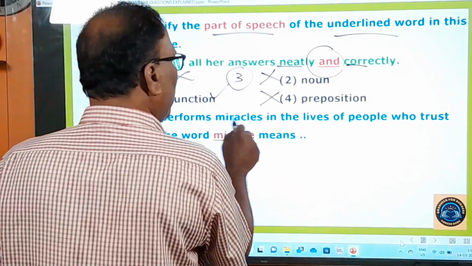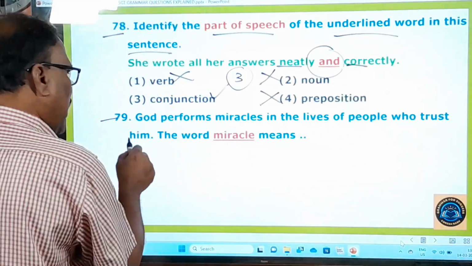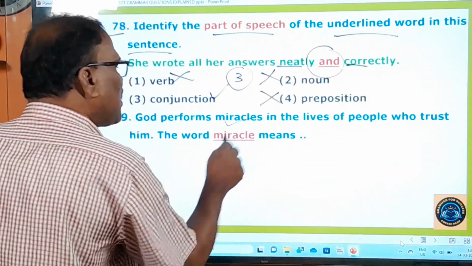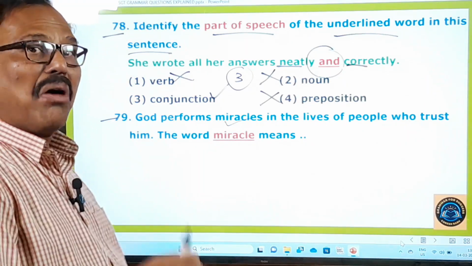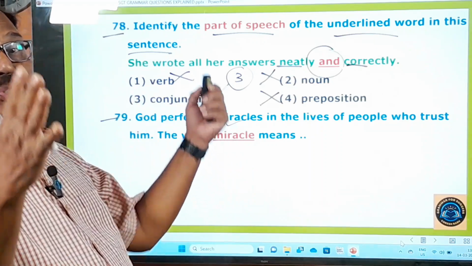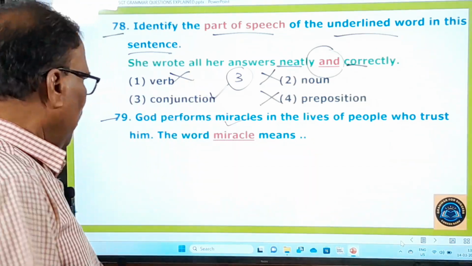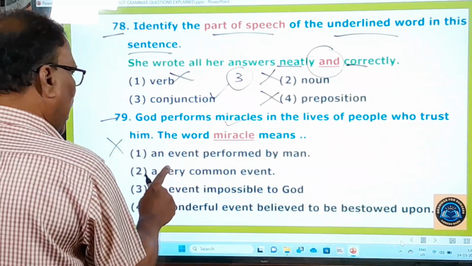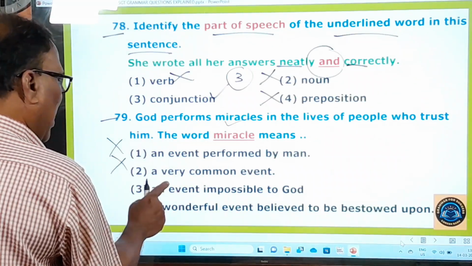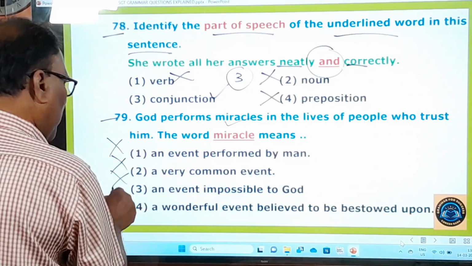God performs miracles in the lives of people who trust him. The word miracle means, in Telugu, adbhutamu. It's a miracle. What is that miracle? An event performed by man? No. A very common event? No. An event impossible to God? No. A wonderful event believed to be bestowed upon.